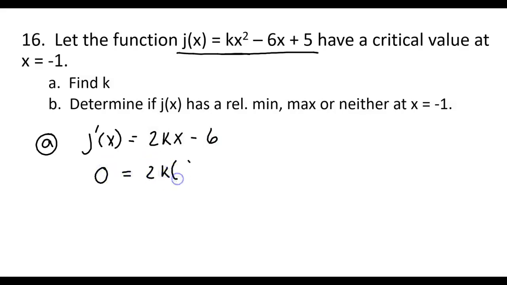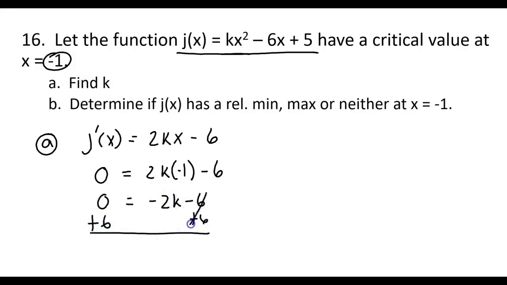And we already know what our critical value is. They tell us it's -1, so I'm going to plug that in for x, because that's the critical value. From there, we'll be able to solve for k. So I end up with -3.